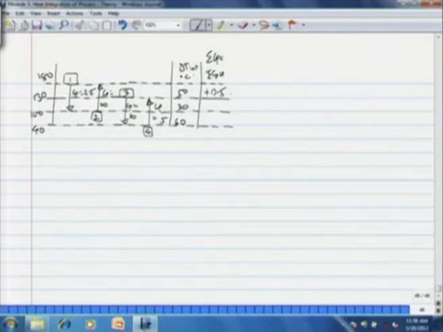In the next interval we have all 4 streams, so 2 hot streams with total Cp of 22.5 and 2 cold streams with total Cp of 25. So 25 minus 22.5 becomes plus 2.5, and then in the next interval between 100 and 40 we have one cold stream with Cp 5 and one hot stream with Cp equal to 20. So 5 minus 20 is minus 15.